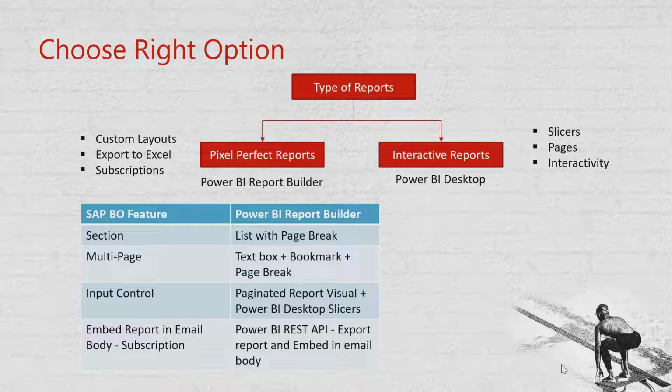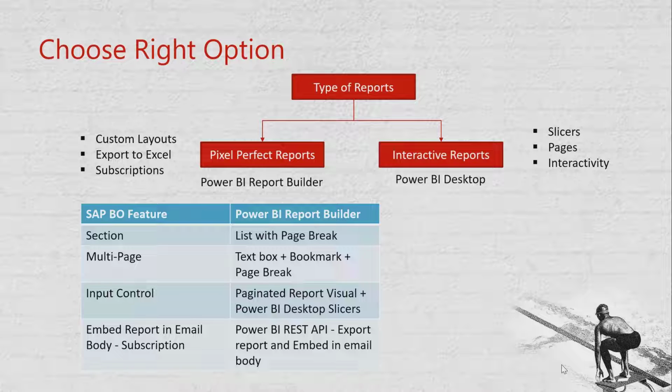When they try to export to PDF, they will see the invoices for each customer one by one. That is called a section. But in Power BI Desktop we don't have a section, and building an invoice kind of layout is again difficult in Desktop. That's where all of these recommendations come from Power BI Report Builder.